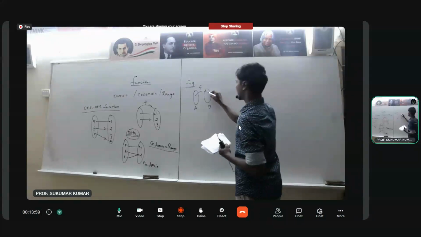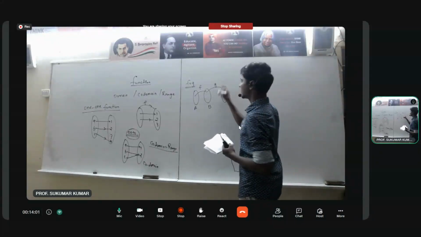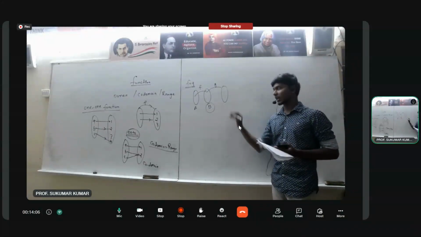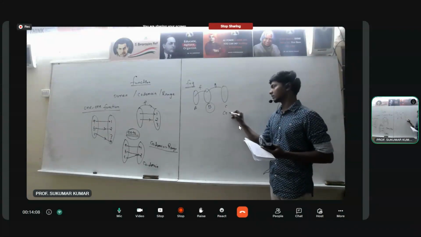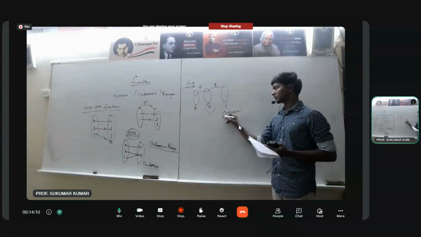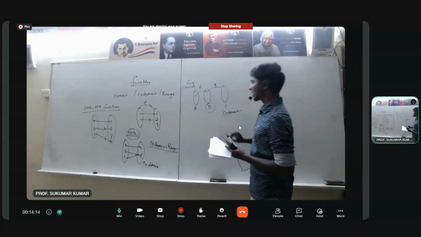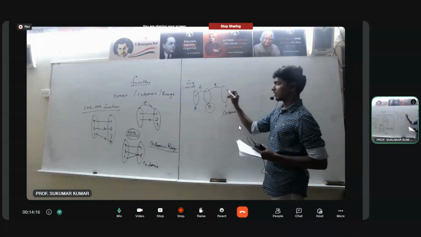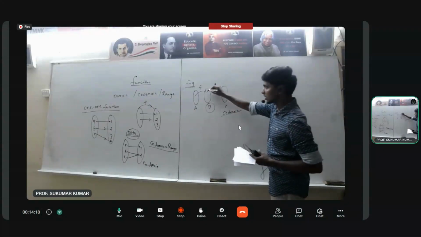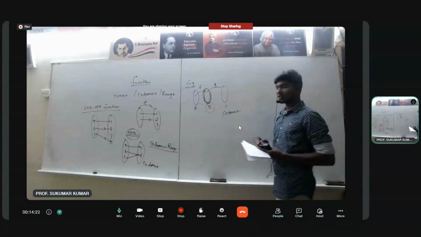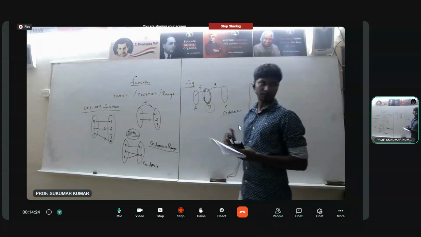And from B to C, this function is g, where B acts as the domain and C is the codomain. One more condition: if we want to map from B to C, every element has to be mapped. So that is the basic necessary idea, right?